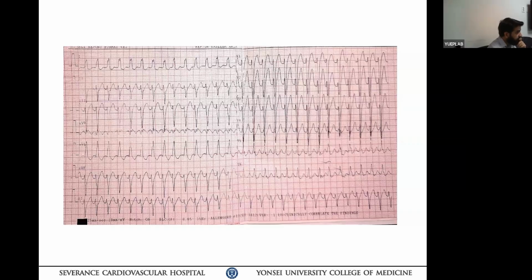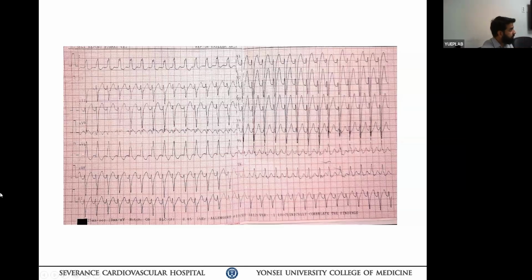Okay, can you list the findings which favor VT? Number one, as I mentioned, VA dissociation, as we clearly see in the V5 or V6 lead. Which one is the AV dissociation?